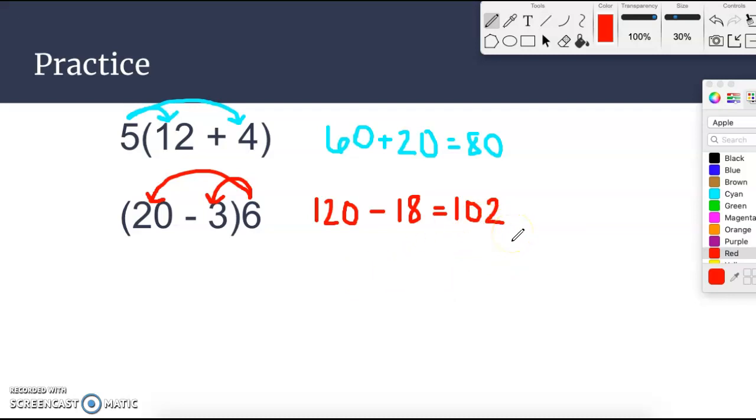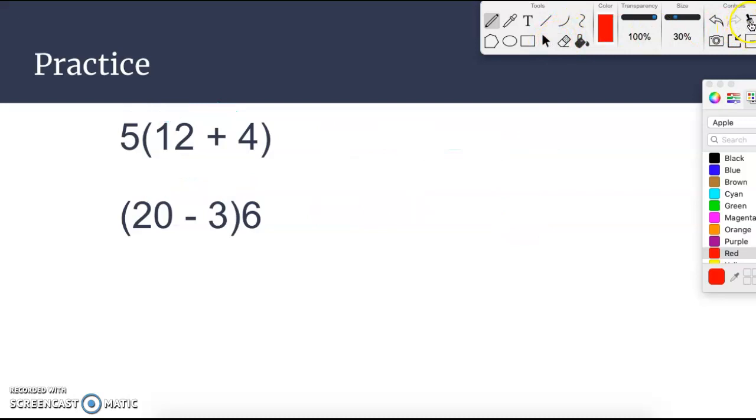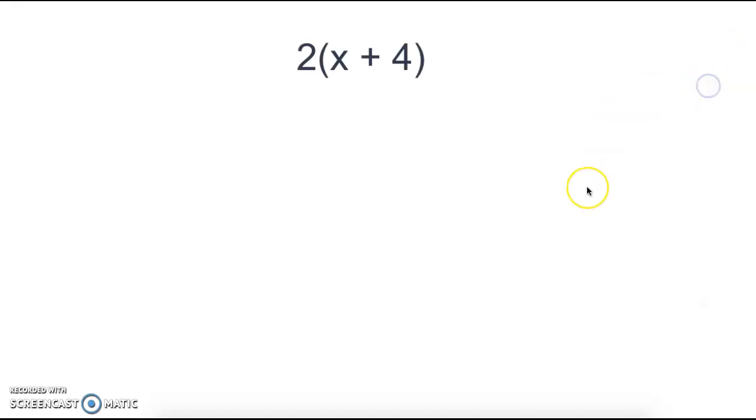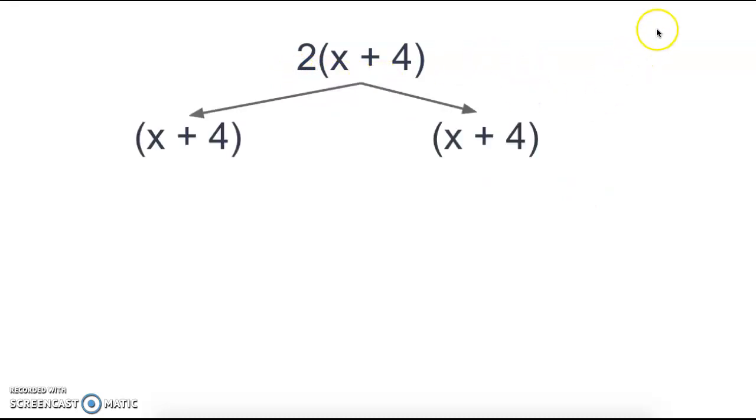All right, now we are going to try it with some algebra involved. So I'm going to clear my screen and go to our next slide. All right, this time we have 2 times the quantity x plus 4. And I want to show you a couple different ways that you can think about this. One, we can think of it as 2 different groups of x plus 4, which would look like this.